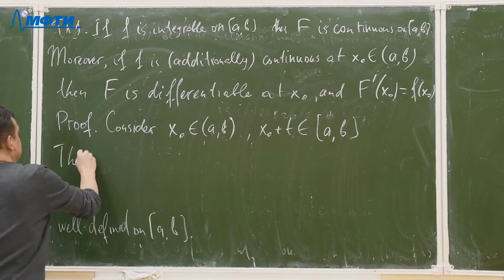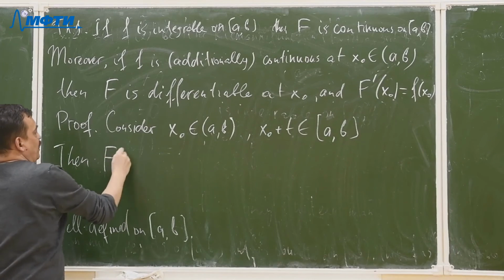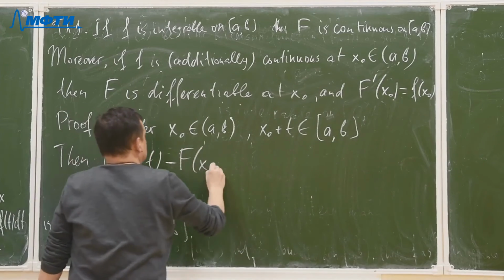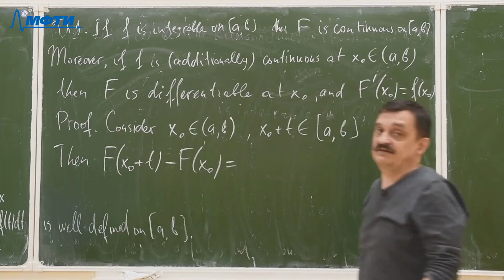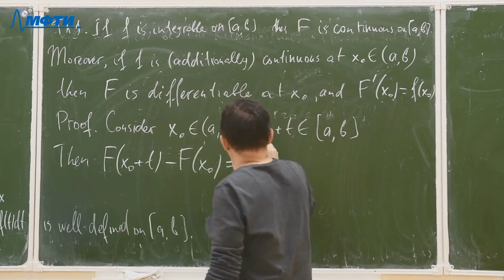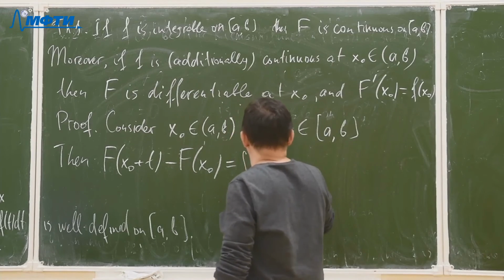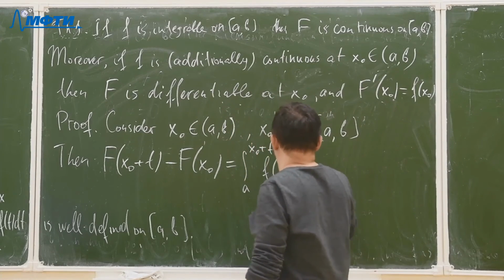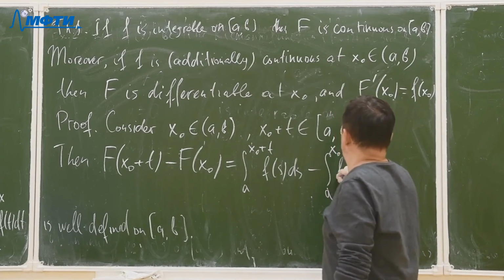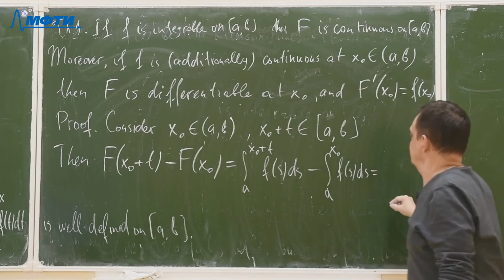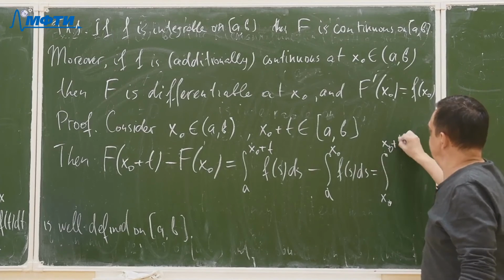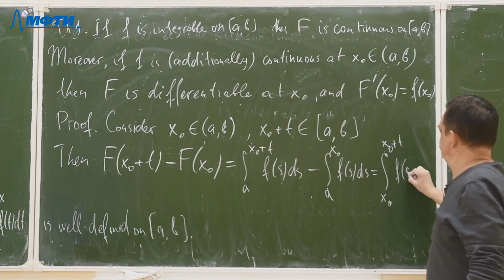Then capital F of x naught plus t minus F at x naught, by the additivity property and our agreement, we have the integral from a to x naught plus t of f of s ds minus the integral from a to x naught of f of s ds equals the integral from x naught to x naught plus t of f of s ds.